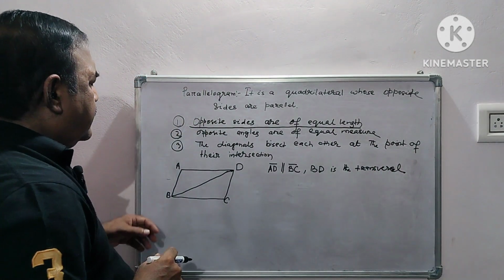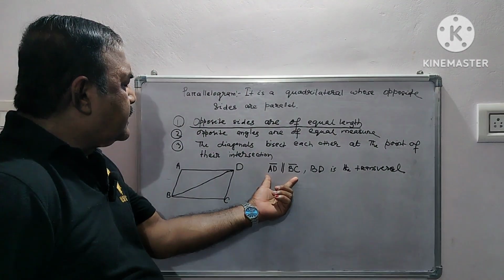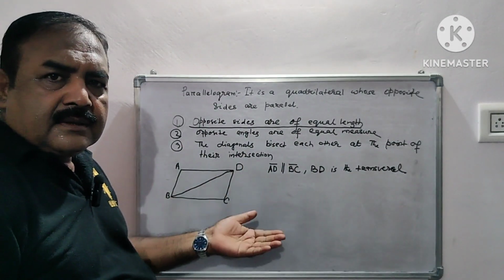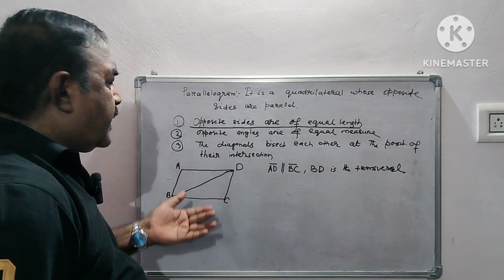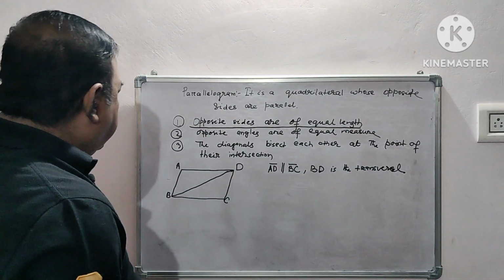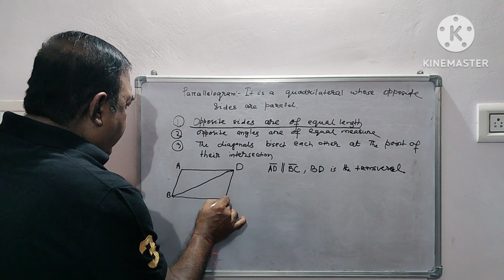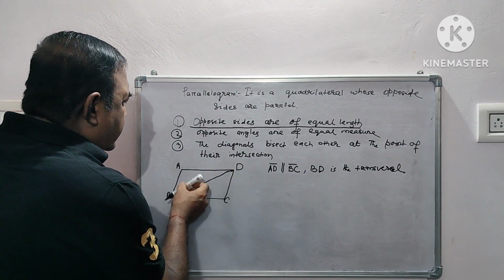Already you know that when two parallel lines are cut by a transversal, the alternate angles formed are equal in measure. And you see, AD and BC are parallel and BD is the transversal.